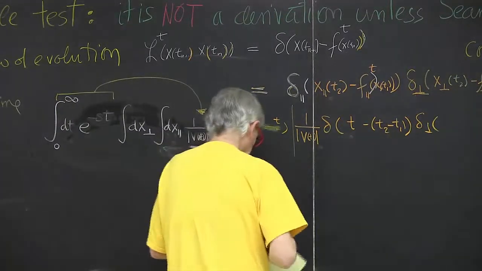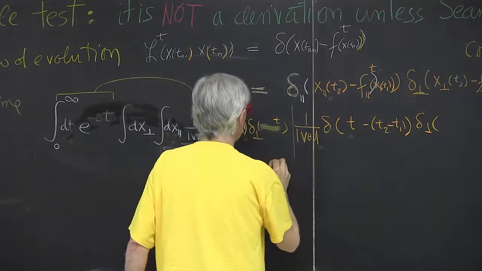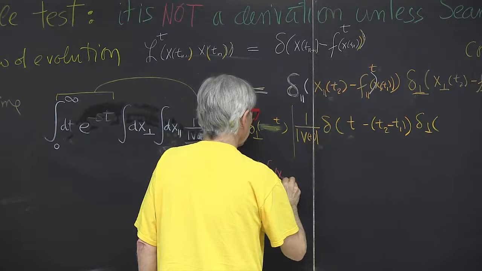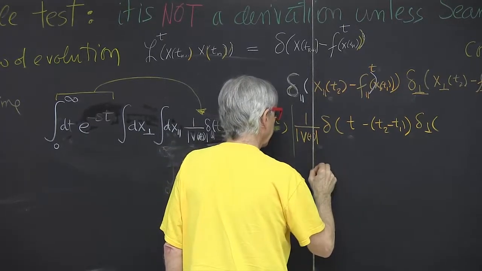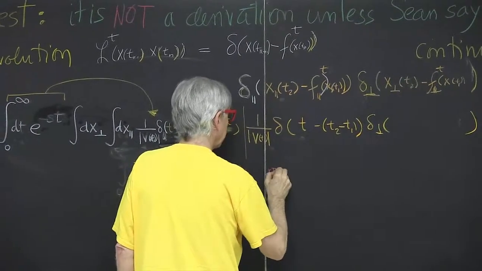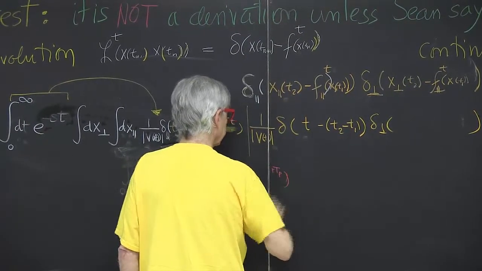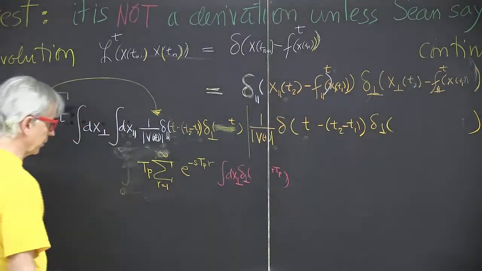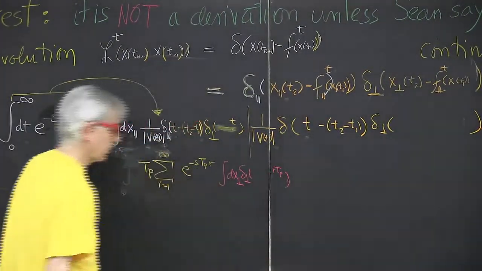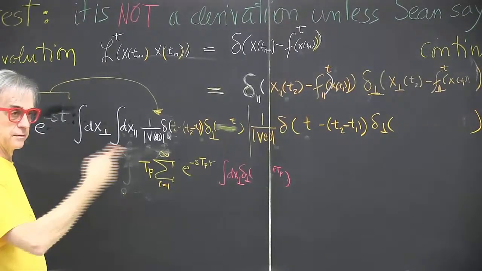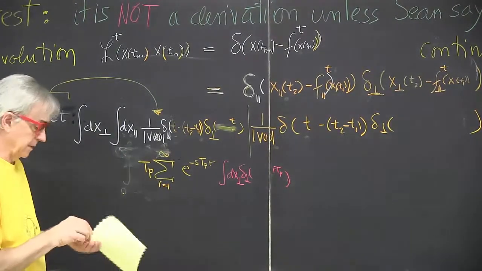And then there is still integral to do in the transverse coordinate. Is the transverse function, but now it depends on r and T_p. Gets contribution only for points which are on a periodic orbit, and only for mappings forward which are one return. It repeats.